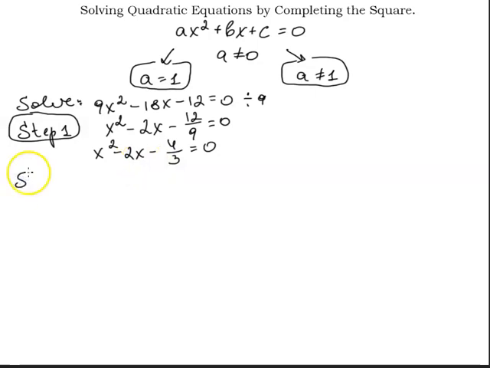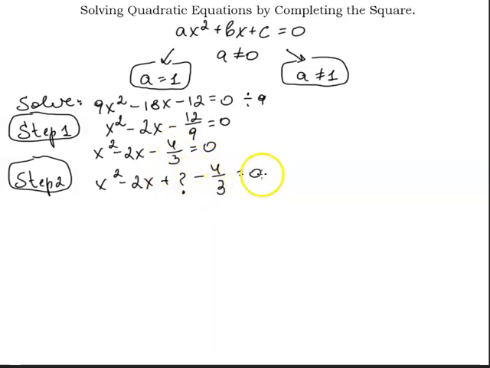So step 2, I will use x squared minus 2x to come up with the third term, and then I also have minus 4/3, and I have equals 0.